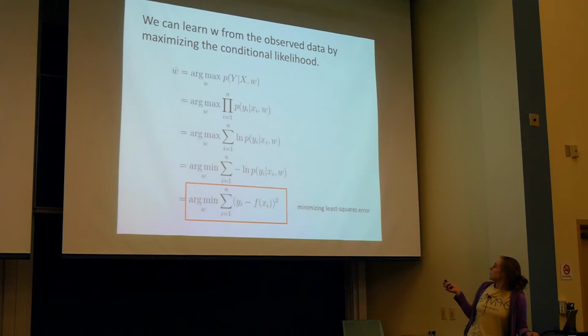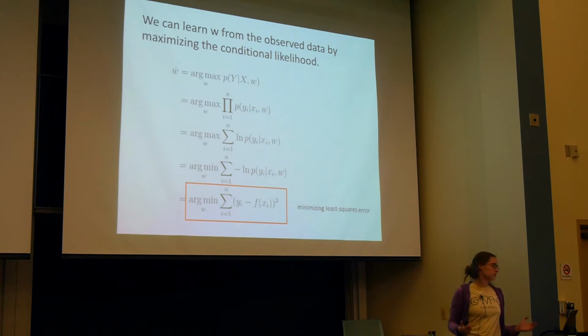You can see this is equivalent to minimizing the least squares error, which sometimes people just introduce as an error function we'd like to minimize, but now you can see why that particular error function comes up when you're assuming a linear regression model.